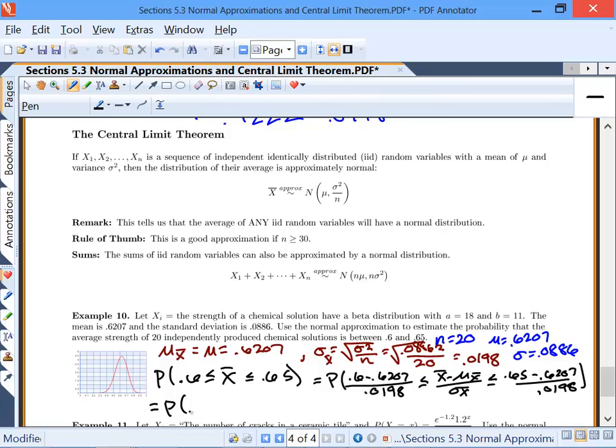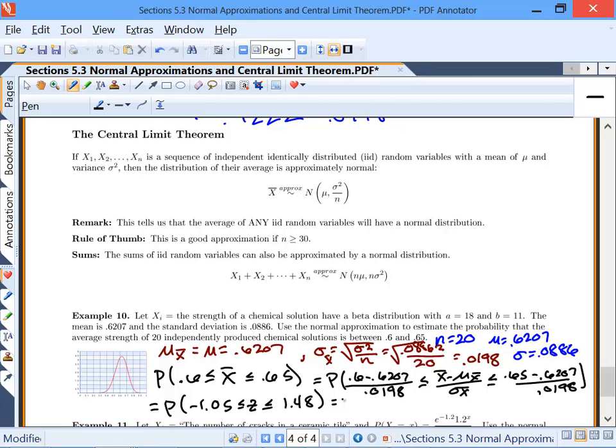Once I've standardized, these are now z values. So I get that z is between negative 1.05 and 1.48.